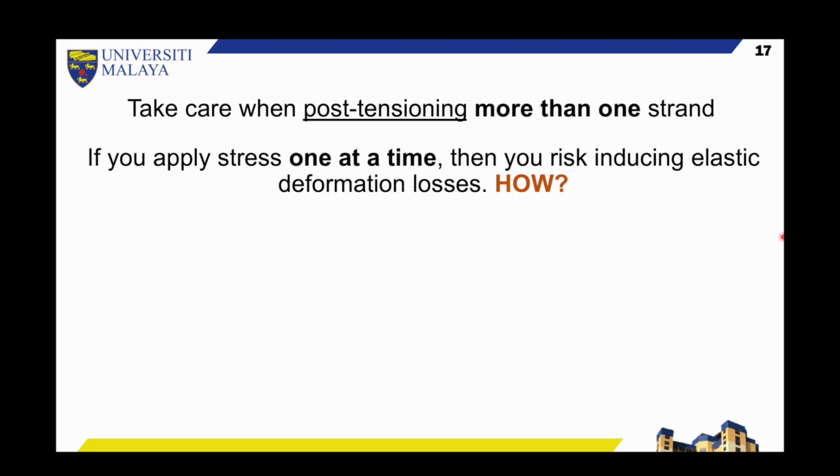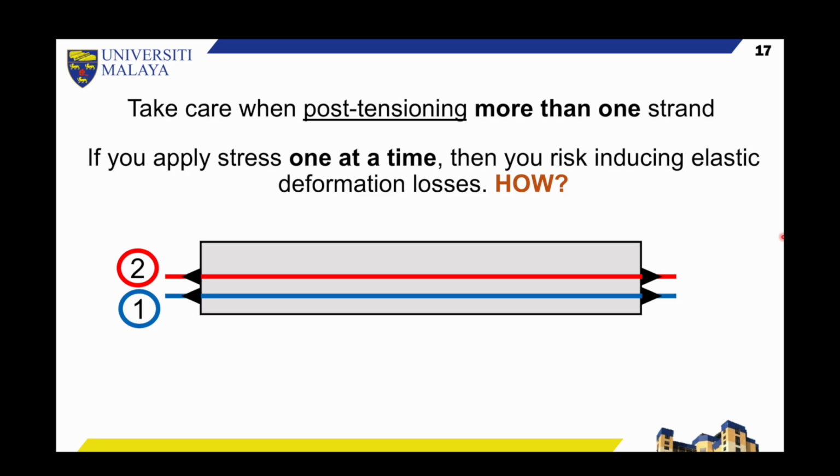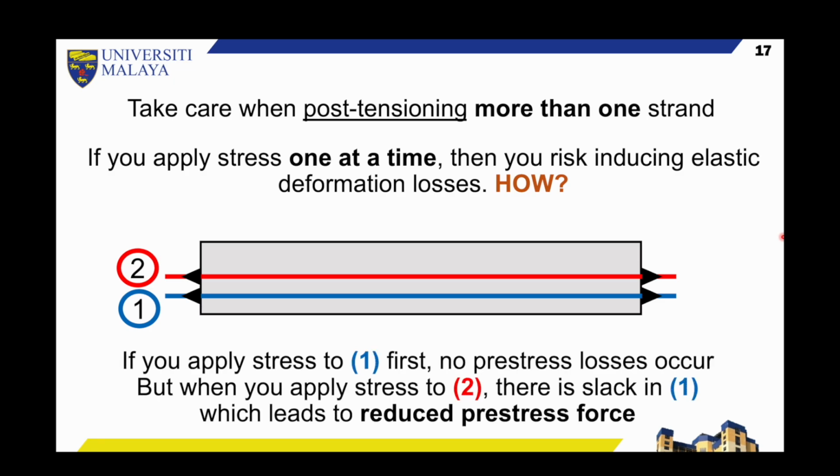Let's see. If you have two cables in a beam, and for example, you apply stress to number 1 first, then no pre-stress losses occur. But once you finish applying the pre-stress to number 1 and you lock it off, then you apply pre-stress to number 2, number 1 becomes slightly slacked.